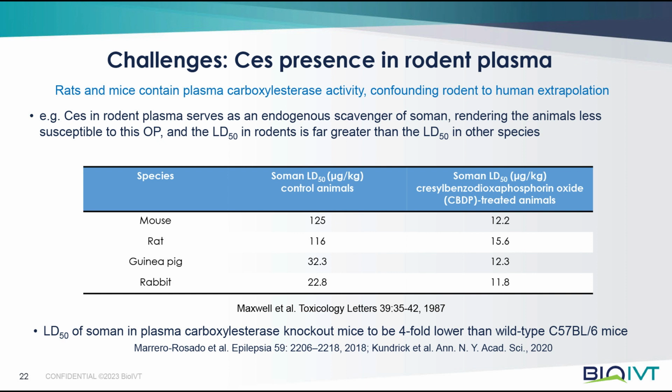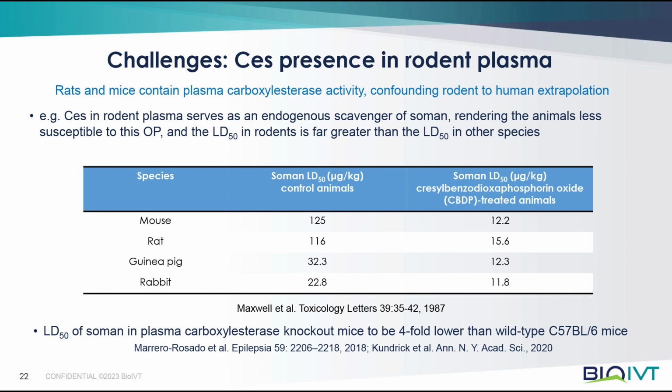And just to provide an example, this is a study from the 80s, and surprisingly there's even some more recent work on this where they must have a specialized lab where they can actually work with soman. Main toxicity there, of course, is inactivation of acetylcholinesterase. But if you look at the LD50s, because carboxylesterase 1 is secreted into the plasma in rodents, it acts as a scavenger for soman.